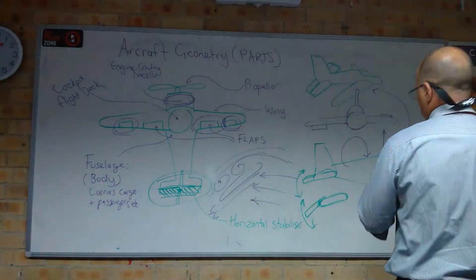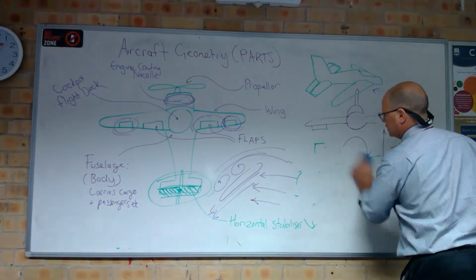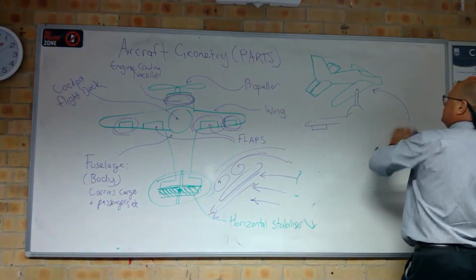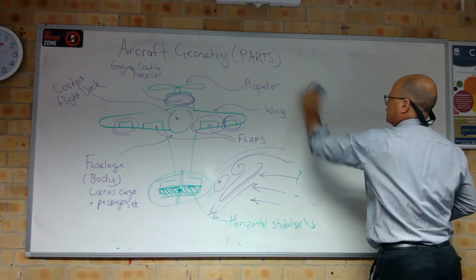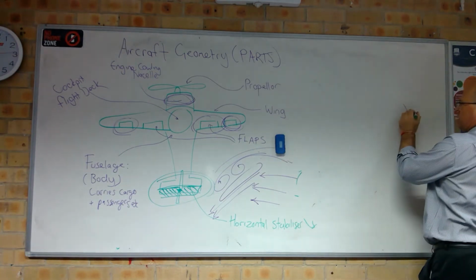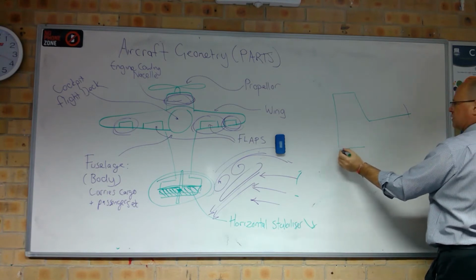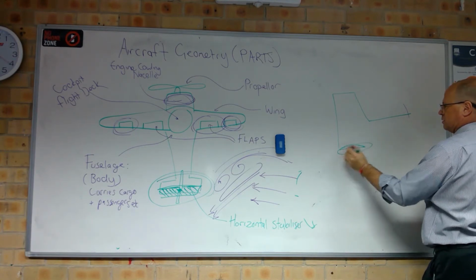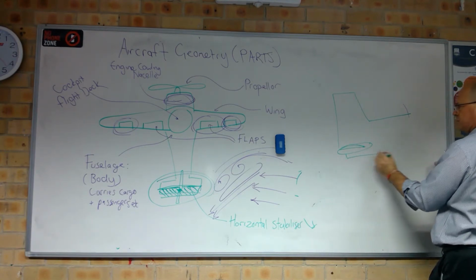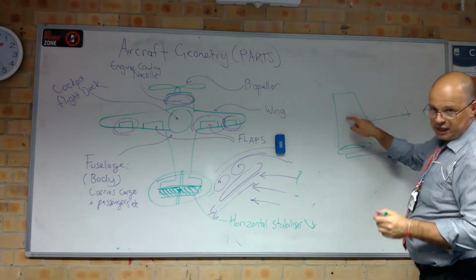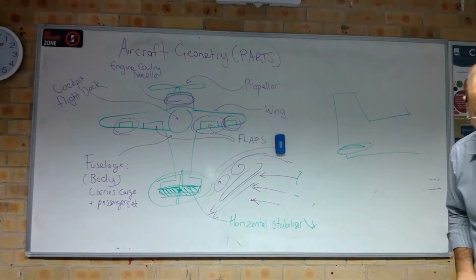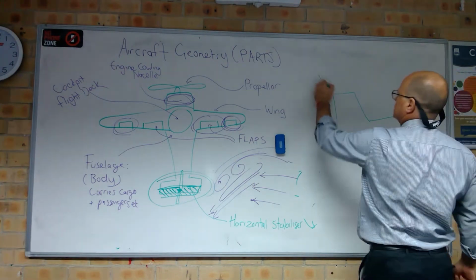So I'm going to rub this out. We've done our elevator on the horizontal stabilizer. On the back of the aircraft, we have our vertical stabilizer, the tail.